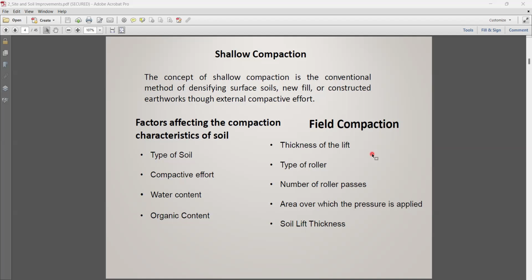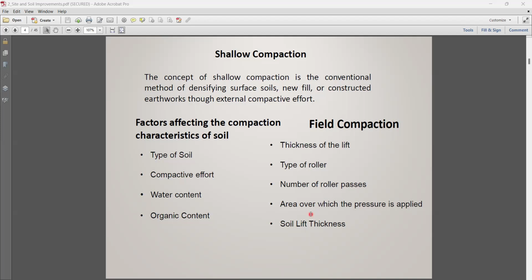Another deciding factor is the type of roller; I'll discuss the various rollers. And then the number of roller passes: how many times the roller should go. Like when you're doing Proctor compaction with 25 blows, that's the number of roller passes.